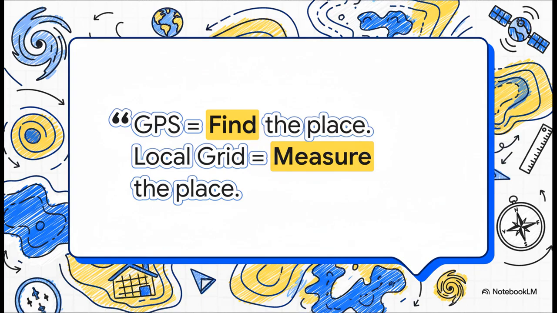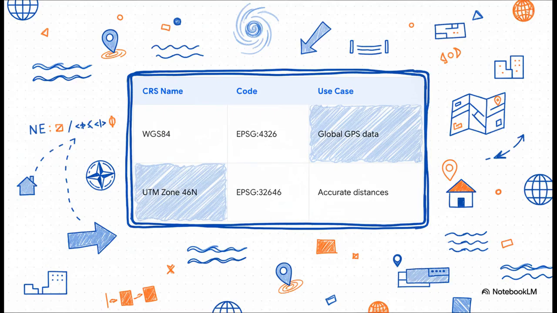Super simple. And for our cyclone mission, we need to know how big the flooded area is. We need to measure. So you guessed it, we absolutely need that local grid system. And here's what that looks like in the code. Most data, by default, is in that GPS format, which has a special code, 4326. But for our mission, we have to switch it. We're going to use something called a UTM grid.